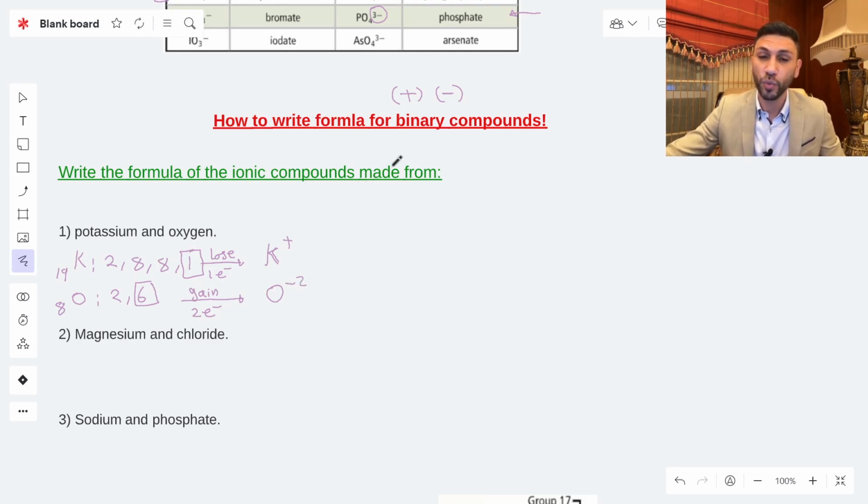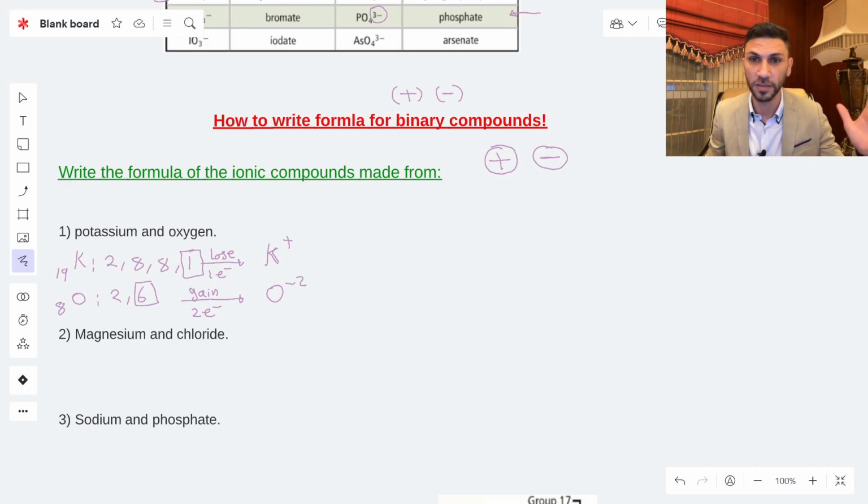Now, whenever we need to write the ionic compound, we always start from the positive ion and then the negative ion. It means the positive ion is always on our left hand, and the negative ion is always on our right hand. So I'm going to start with K positive, and then the oxygen is -2.